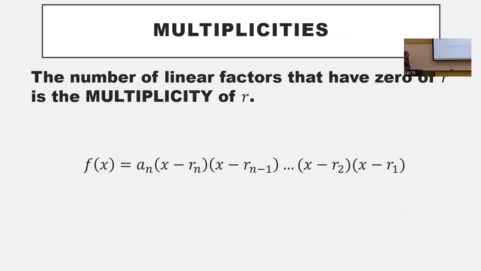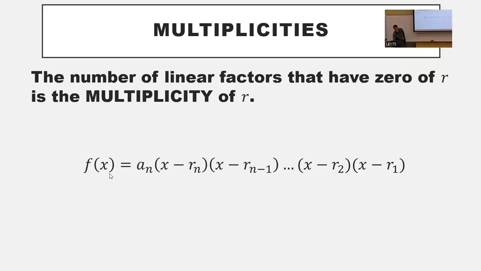If there are repeated factors, then we say those linear factors have multiplicity of whatever it is. If I have 3 factors of x plus 2, then I say the factor x plus 2 has multiplicity of 3. There's 3 of them.